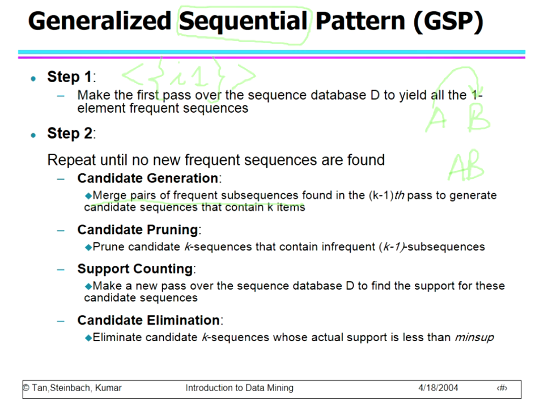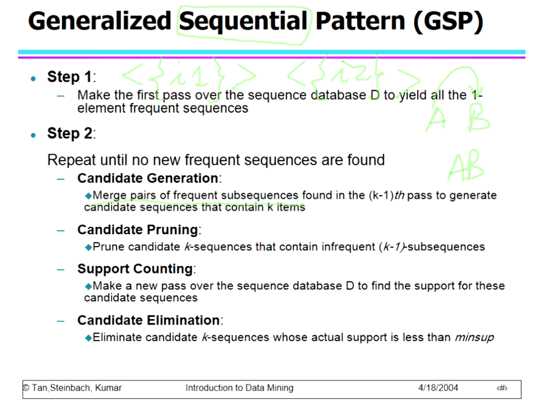For example, if I have a sequence I1 like this, and another one I2, and let's suppose that these sequences are frequent.